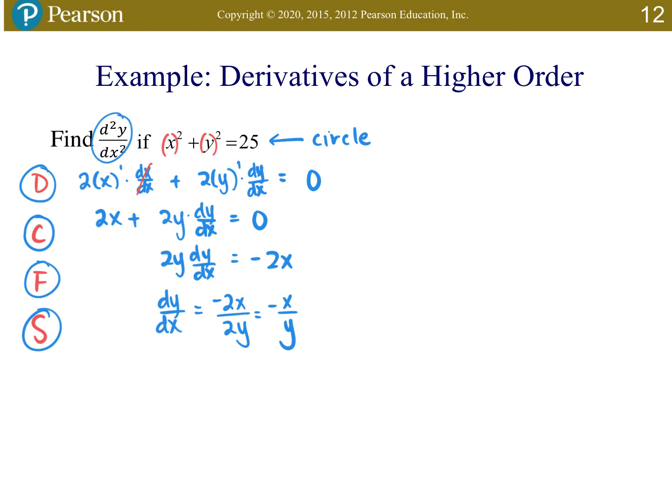What we want to do now is move on to find the second derivative. We're going to find the derivative of what we just had, and in order to find that derivative, we are going to need the quotient rule because the result was a quotient. So we'll tackle this just like any quotient rule.